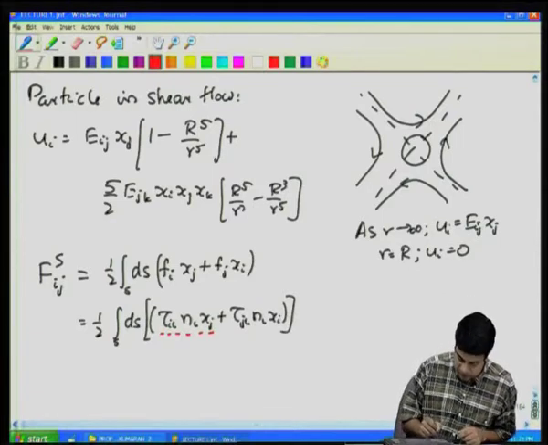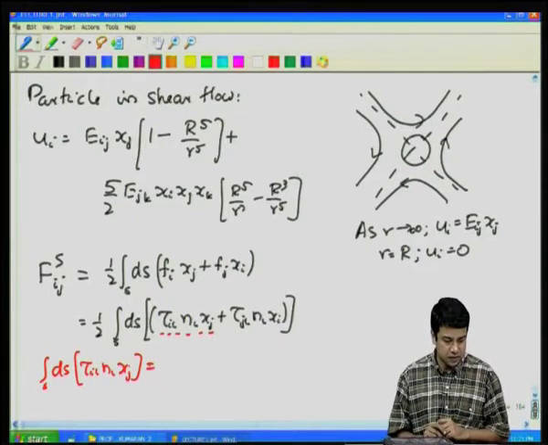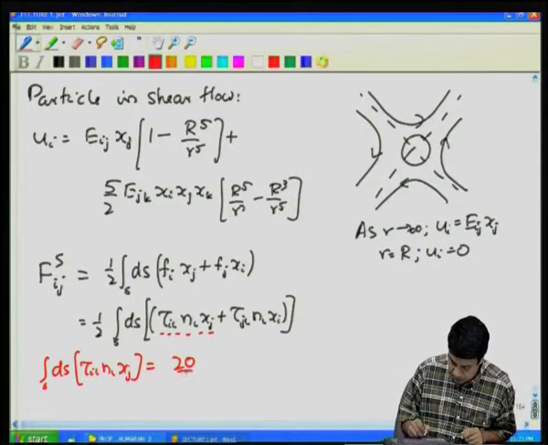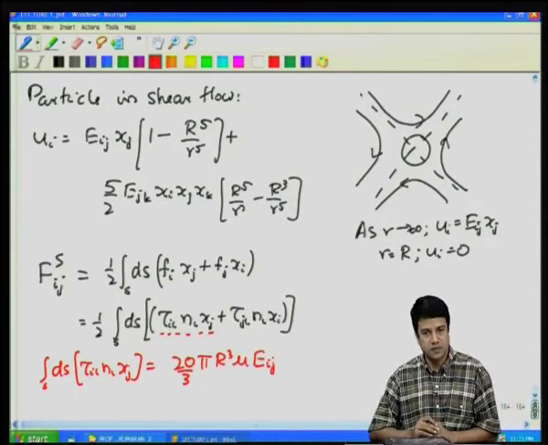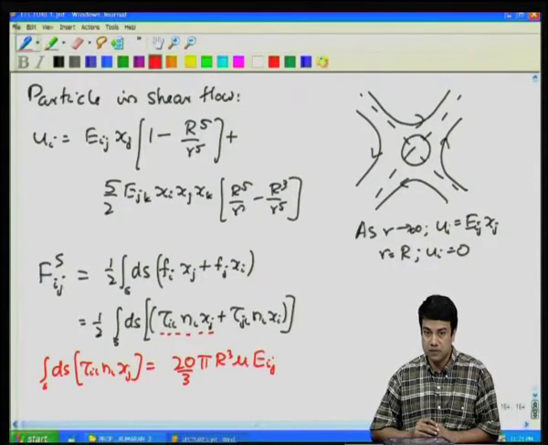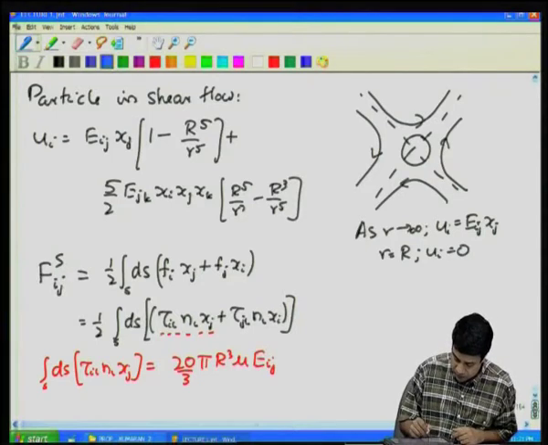This integral, the integral dS of tau_iL n_L x_j over the surface of the particle, we had calculated to get 20/3 pi r cubed mu E_ij, on the way to calculating the effective viscosity of a suspension. So, I have calculated only one part here.